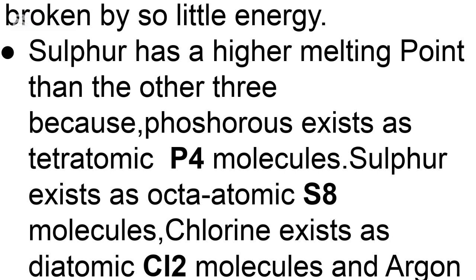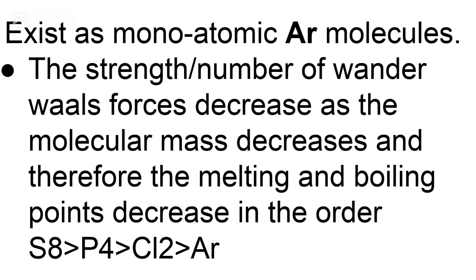Chlorine exists as diatomic molecules, that is 2 atoms of chlorine bound together to form a molecule. And argon exists as monoatomic, just an atom, so they exist as atoms.